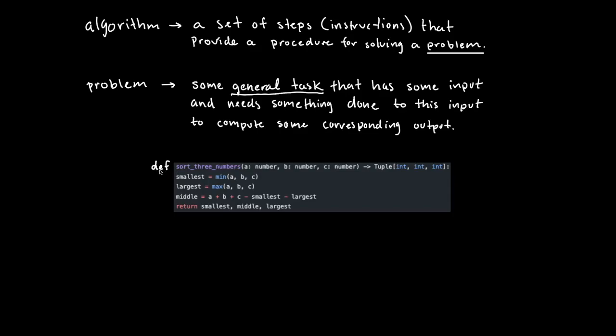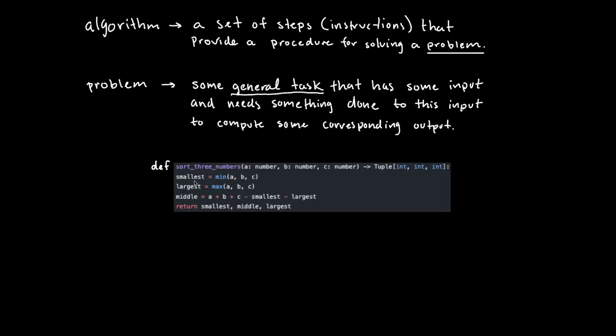This is a function. I just couldn't fit this into the image without cutting everything else off. So we're going off our previous example. We're trying to sort three numbers, A, B, C, and we're going to return a tuple, which is just an immutable array of three integers.